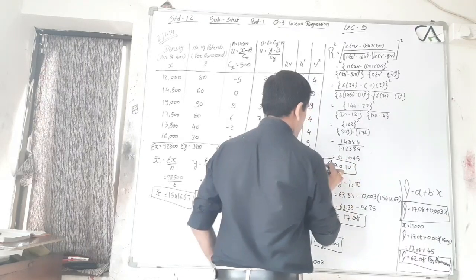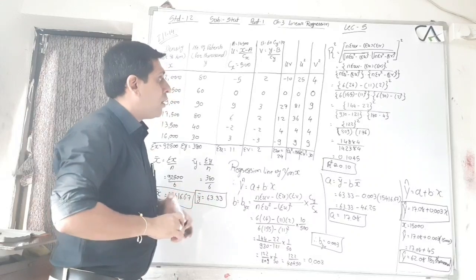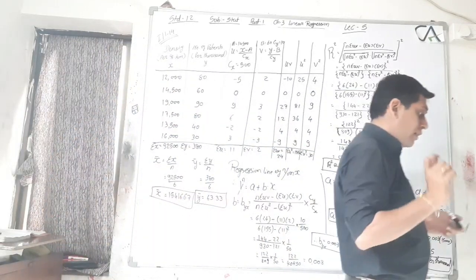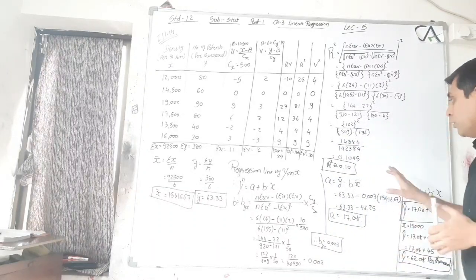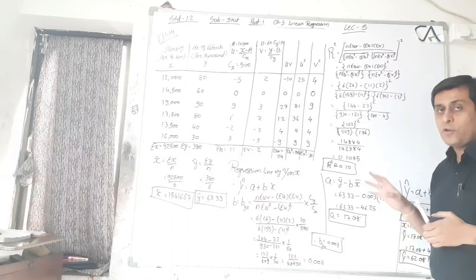So now you can tell me: is r square reliable or not? That is, is the regression model reliable or not? No, because the answer is less than 0.50.